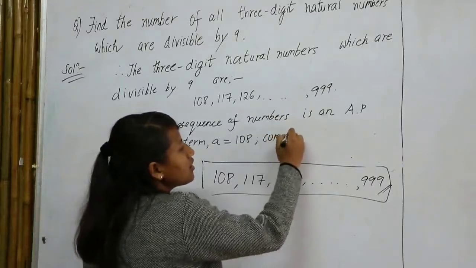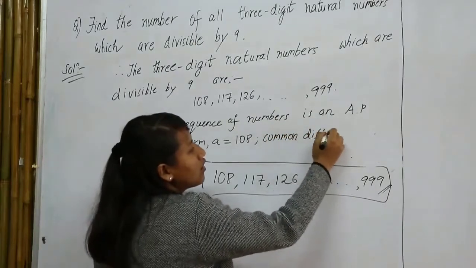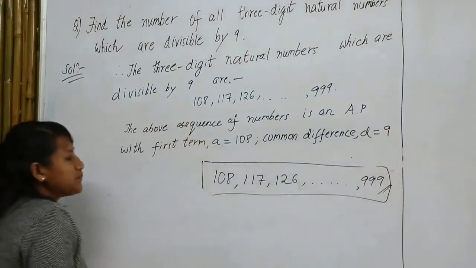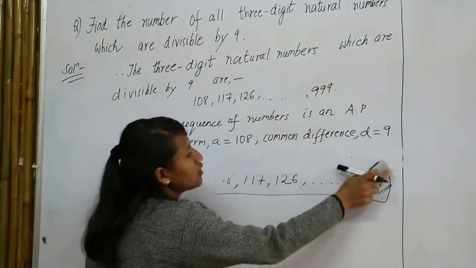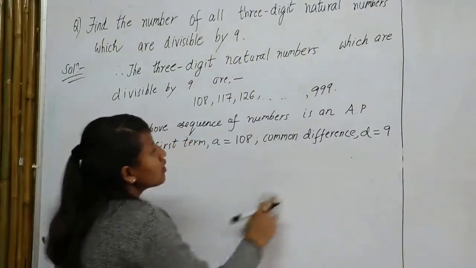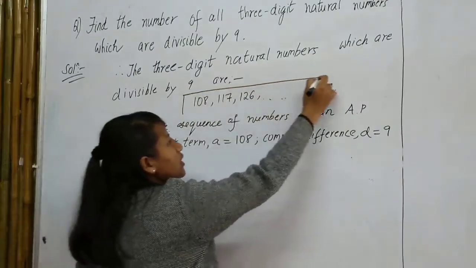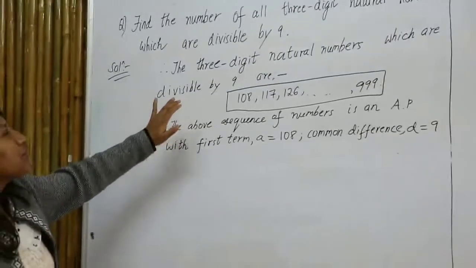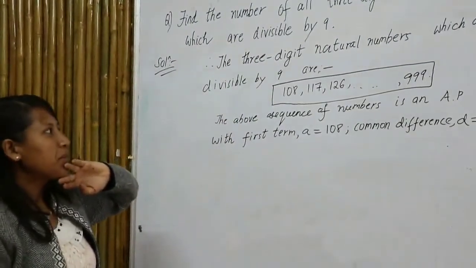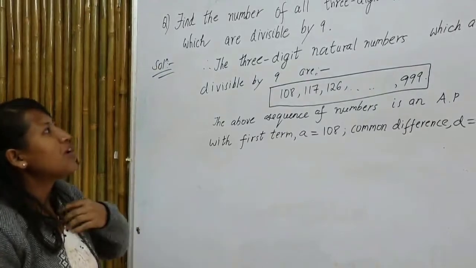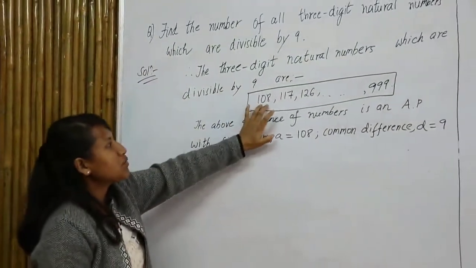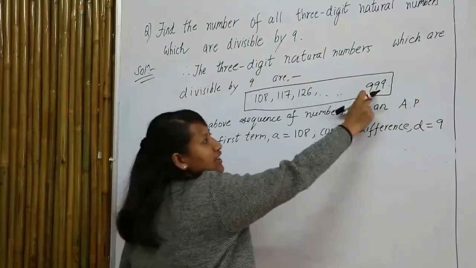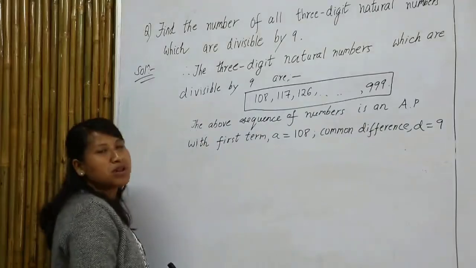Common difference d is 9. Then we have to find how many of them there are. Find the number of all these 3 digit numbers from 108 to 999 which are divisible by 9.